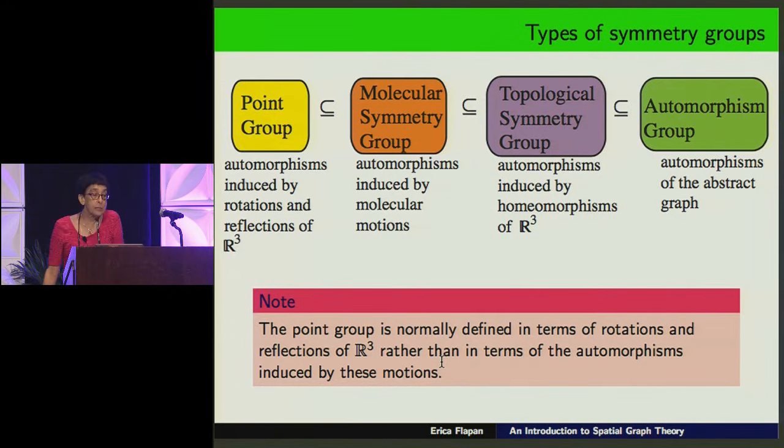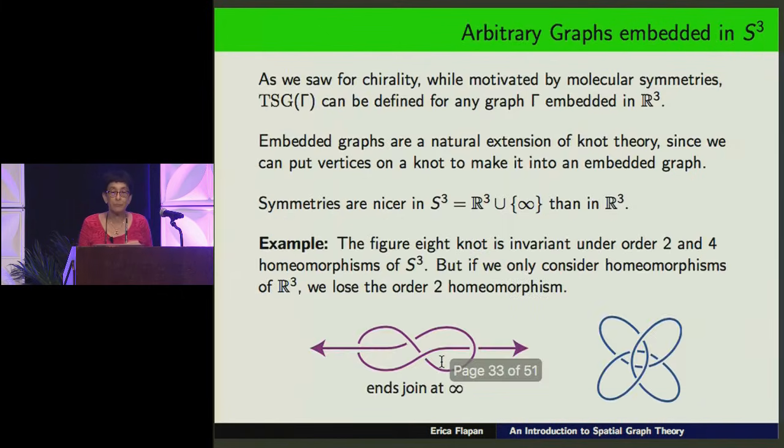The molecular symmetry group is the automorphisms induced by molecular motions. The topological symmetry group is automorphisms induced by homeomorphisms, and the automorphism group is just all the automorphisms. So we have this containment, and we can see that the molecular symmetry group is wedged between the point group and the topological symmetry group.